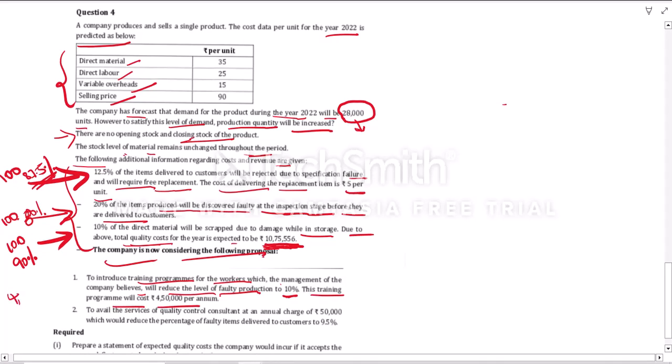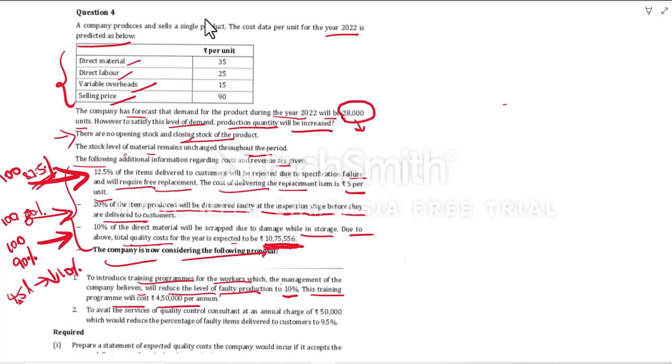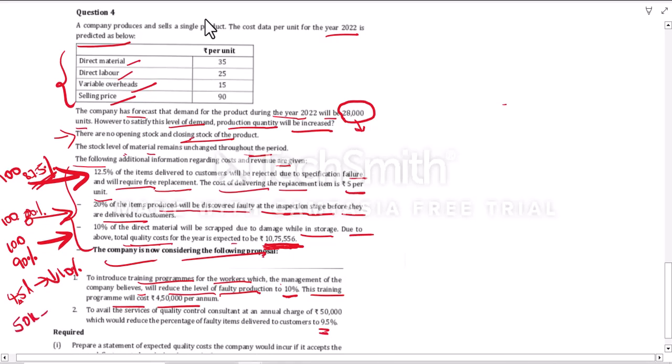So if they incur 4.5 lakhs on training, it will reduce defects in production to 10%. And to avail the services of a quality control consultant at an annual charge of 50,000, which would reduce the percentage of faulty items delivered to the customers to 9.5%. If they incur 50,000, faulty items delivered to the customer will be reduced to 9.5%.